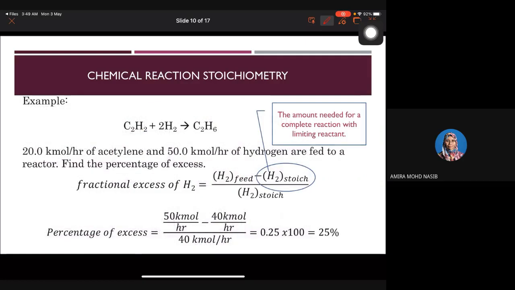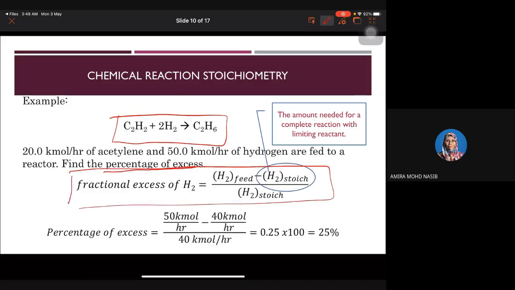Okay, next, same example, C2H2. But the question is asking for the percentage of excess. Same question, but adding another question asking for the percentage of excess. So how to find? You need to use this equation.